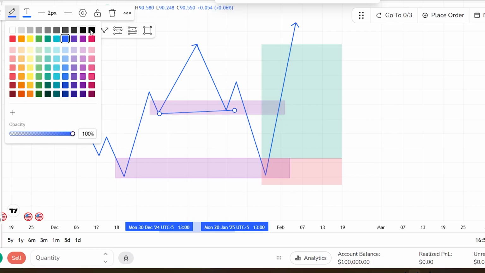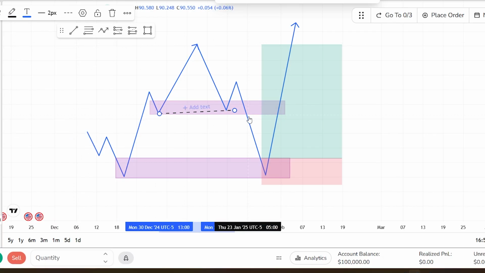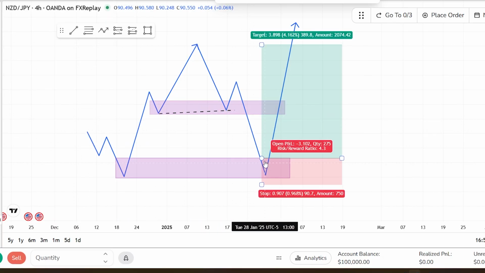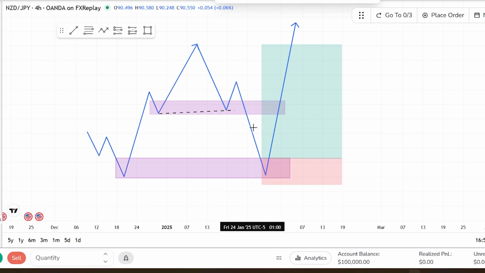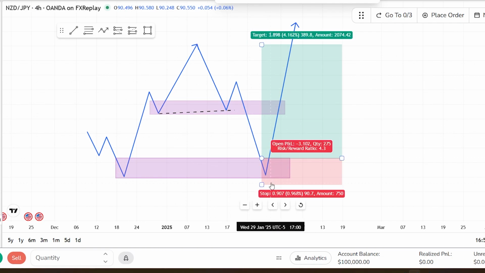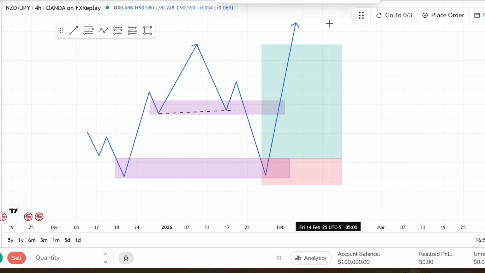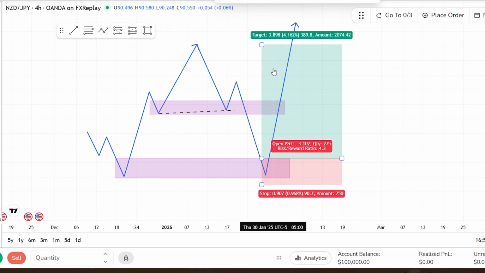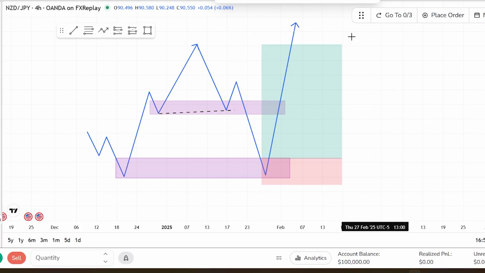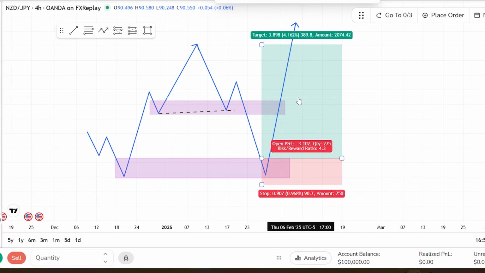So this acts as liquidity for the market, and this liquidity is usually taken out, and once price has manipulated a few people, the most probable course would be continuing higher. So this is one of the major reasons why this is happening.